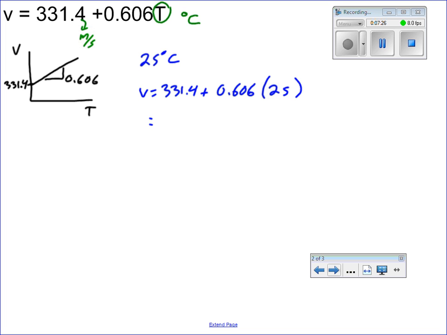Let's do a quick bit of mental math here. 0.6 times 25 is 15. 0.006 times 25 is 0.15. So we're going to get 15.15 added on to 331.4, so it's going to be 346.55. Check that on your calculators and make sure I got it right.